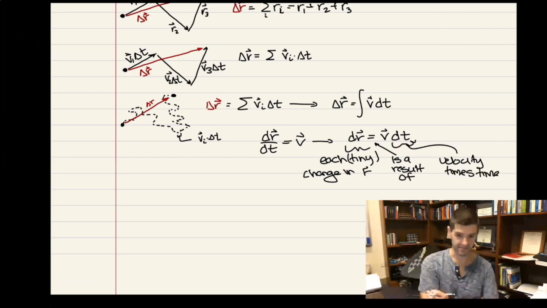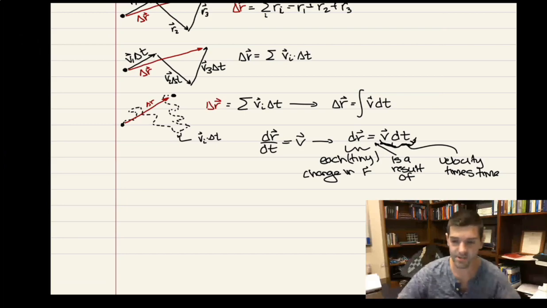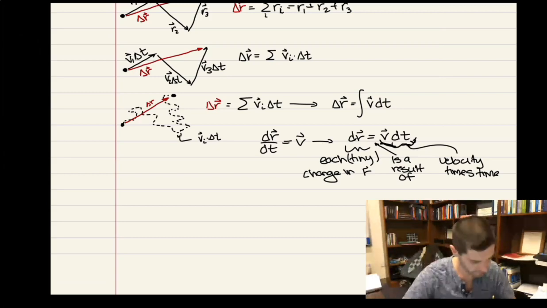And if my velocity is changing, that should also cover the v as well. And if velocity is changing, then I just take that into account as I calculate my overall change. So this differential form is telling you each tiny little change in your position, the left-hand side, is equal to whatever your velocity is at that moment times a little bit of dt, a little bit of time.